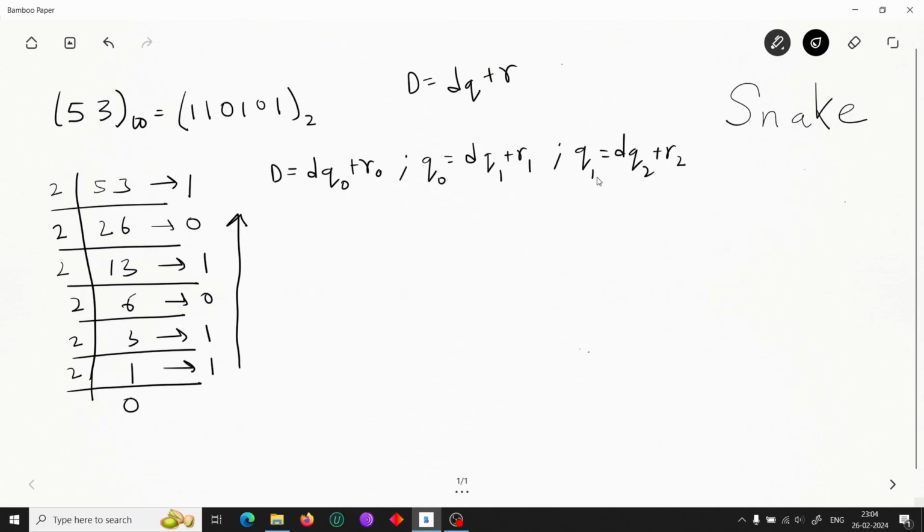Okay, so if we put the q1 value in this equation, what do we get?